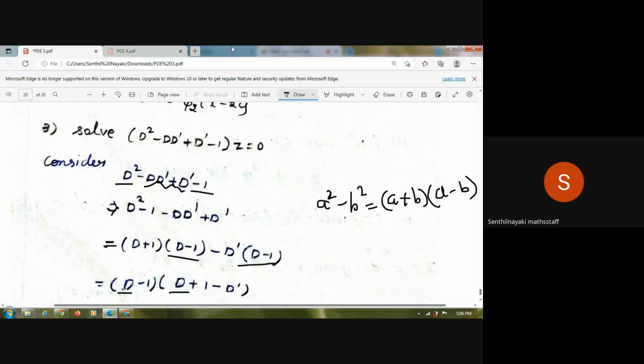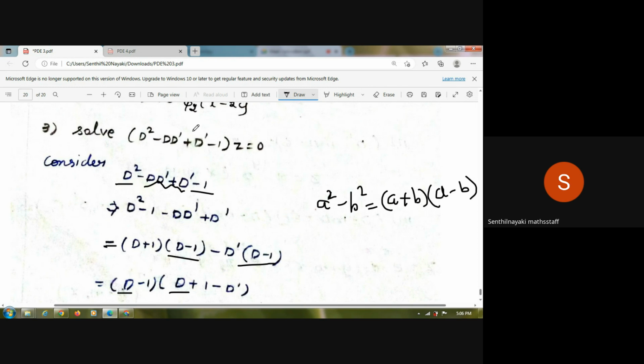Before the solution procedure of higher order partial differential equations, we have discussed the classification of second order partial differential equations. In that we have discussed there are two types. The first type is the second order PDE with two independent variables, and the second is the second order PDE with three independent variables.